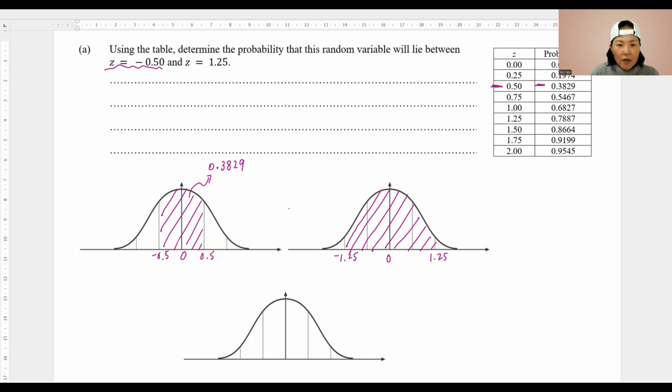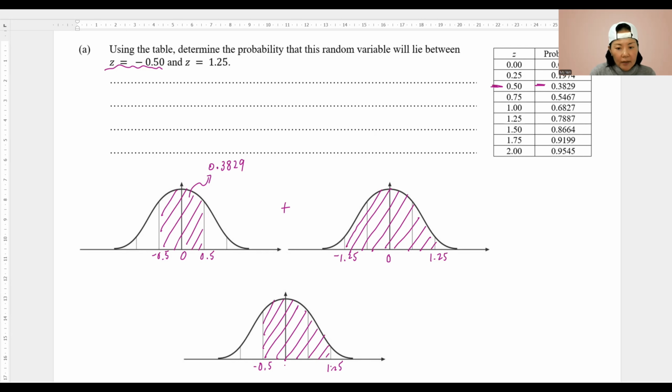Okay, so if I combine this together, because it said between them, it's not the whole thing combined. I need to be very clever about this. 0.5, and then I'm going to go to 1.25. So the area I'm looking at is this. This is the probability that I'm looking for.